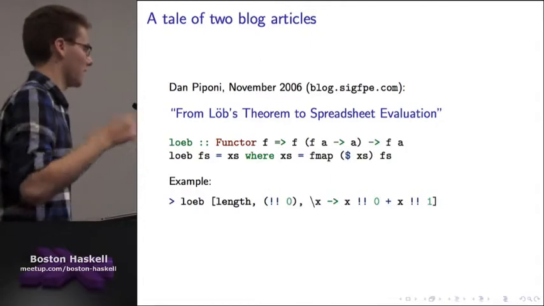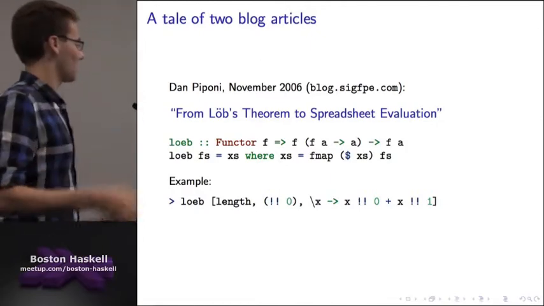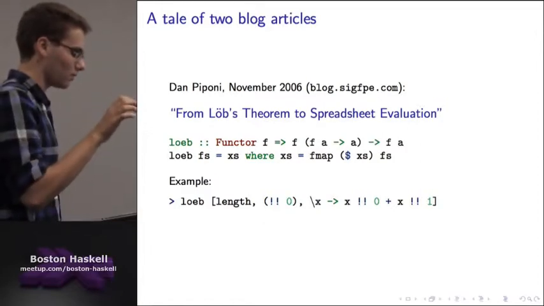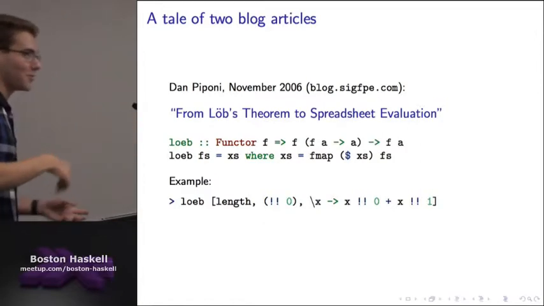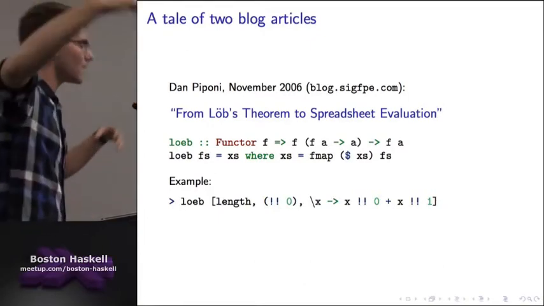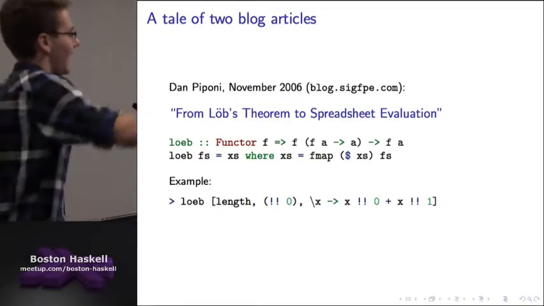So what he does is he shows this function, and I'm going to explain the background of this function in a second. But you've got this Loeb function, which takes a functor of functions from functors containing a's to a's, and gives you back a functor containing a's.